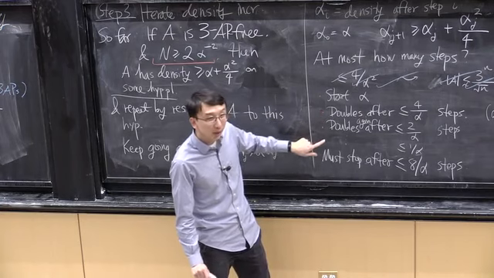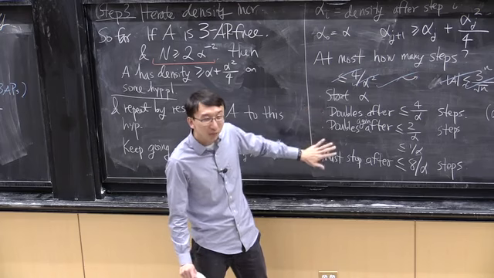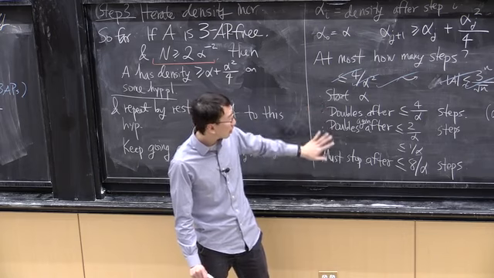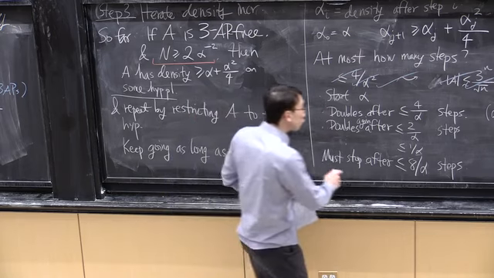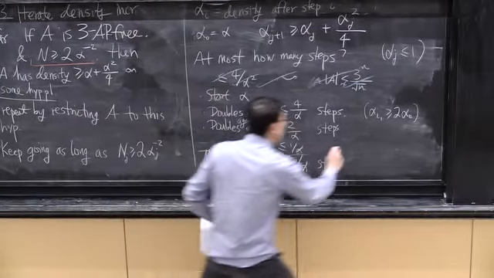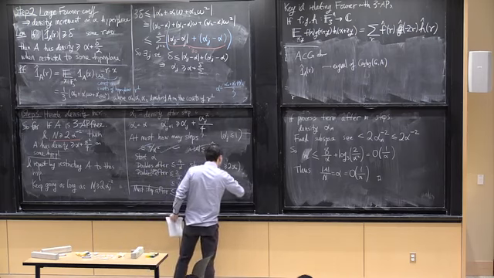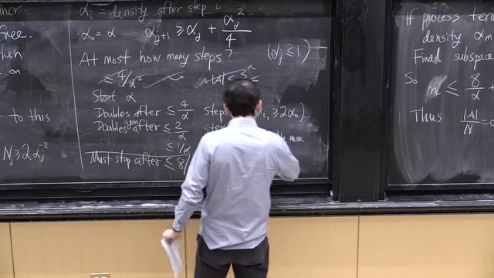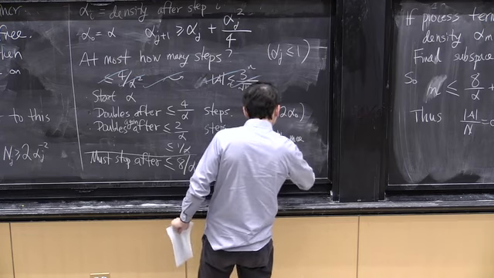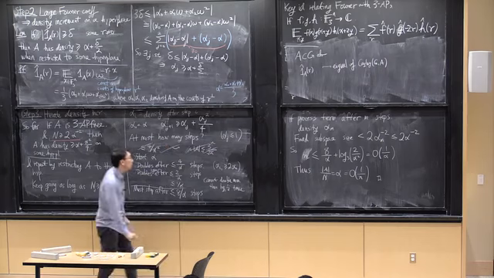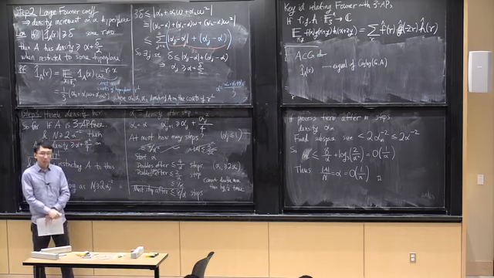Eventually, it cannot keep on doubling forever, so it must stop. So it cannot double more than log base 2 of 1 over alpha times. Okay, at that point you have to stop.